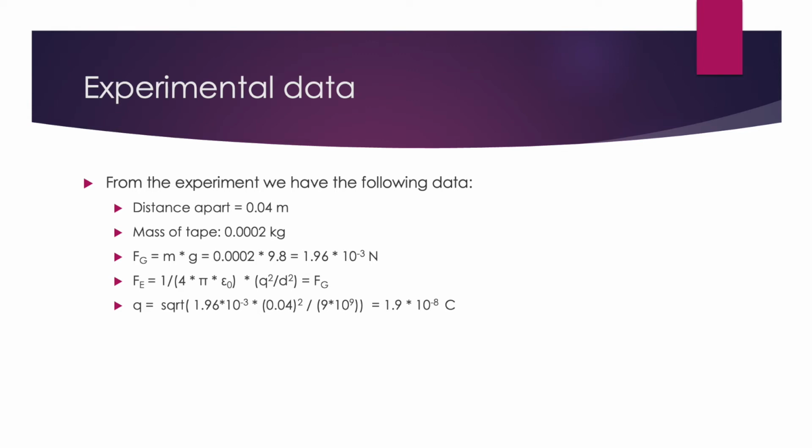Then we calculated the gravitational force, which was 1.96 times 10 to the negative 3 newtons. This would be equal to the electric force in magnitude, so we equated the two and isolated for the charge of the top tape. We found that the charge of both pieces of tape was 1.9 times 10 to the power of negative 8 coulombs.